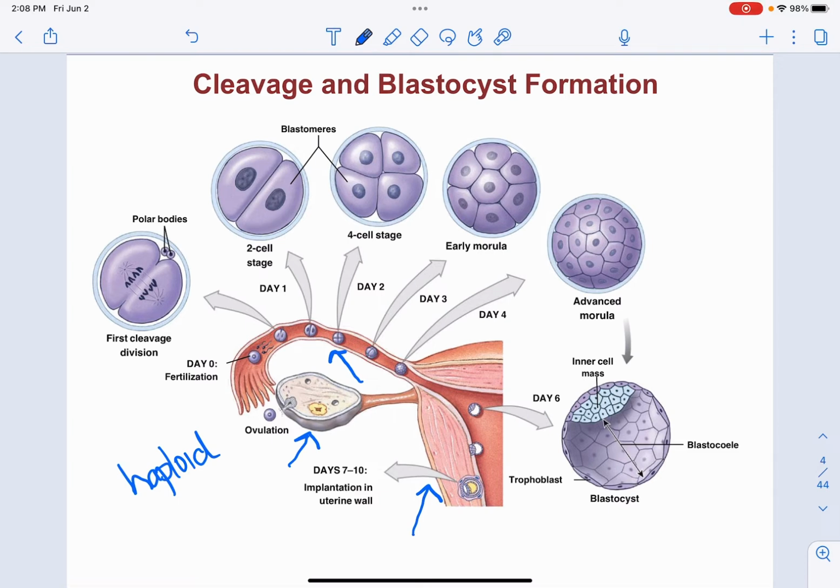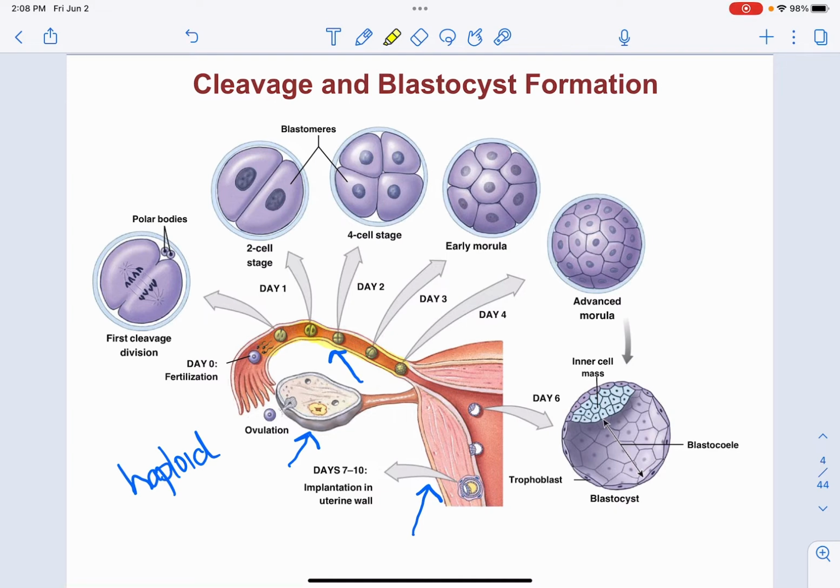So what we were talking about was you can see the egg being released here. All right, and so when the egg is released from the ovary, this is an event called ovulation. And here, in this uterine tube, fertilization can occur, which would happen at day 0.